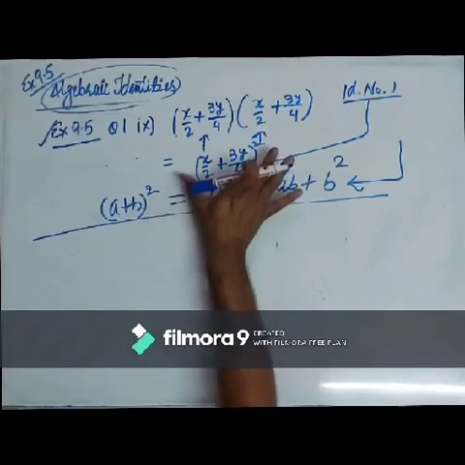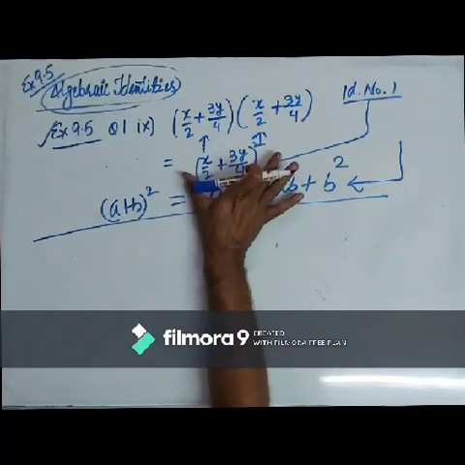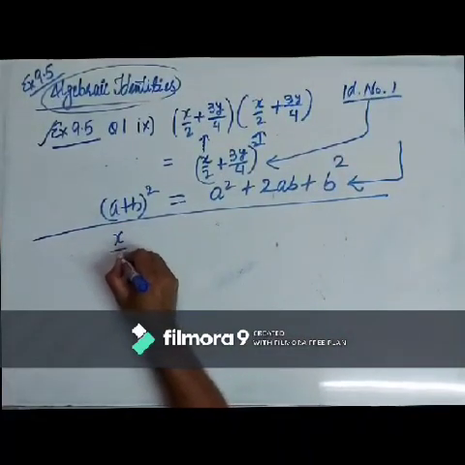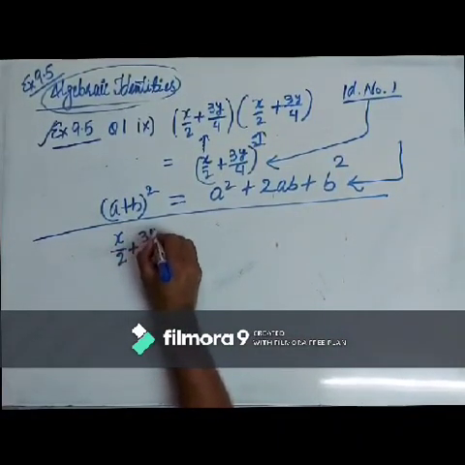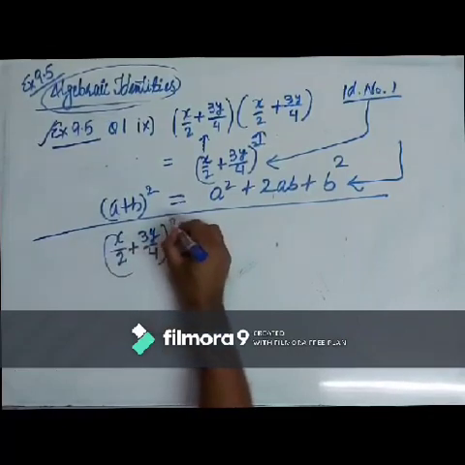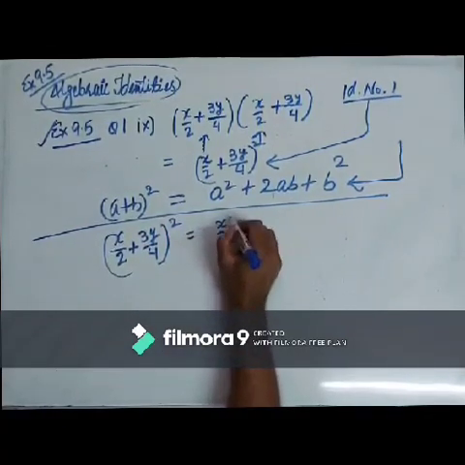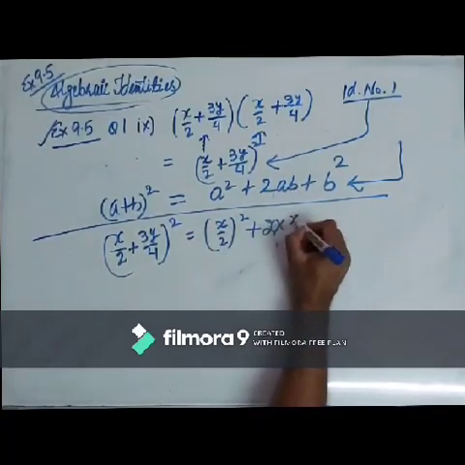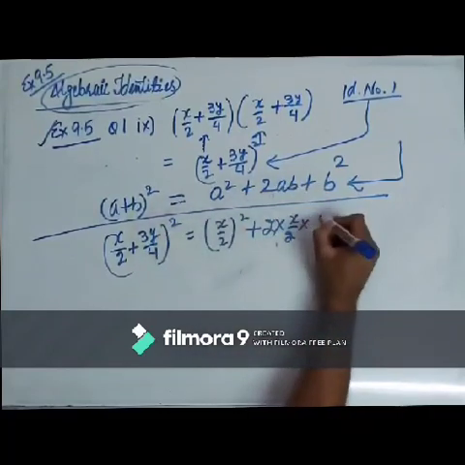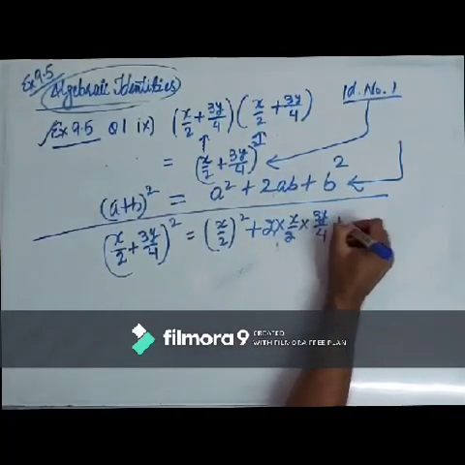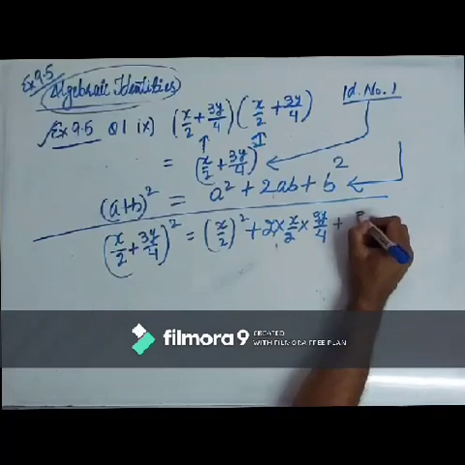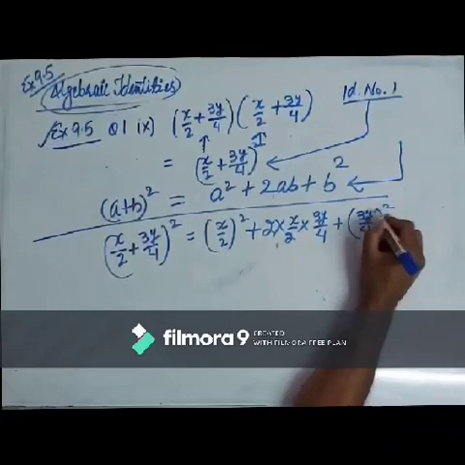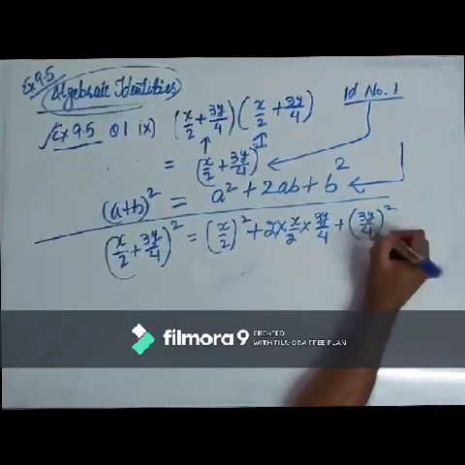If you recognize which identity the question belongs to, then write the identity first, then copy the question below and write here: (x upon 2 whole square) plus 2 into a, means x upon 2, and b means 3y upon 4, plus b square, which is (3y upon 4) whole square. Note down, whole square means covering all the components of any term.